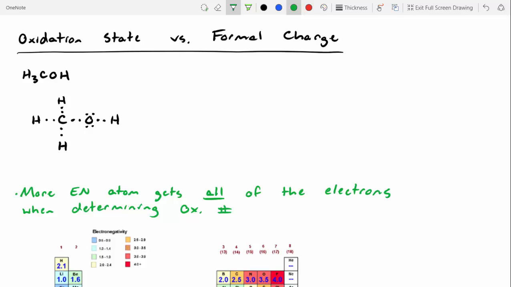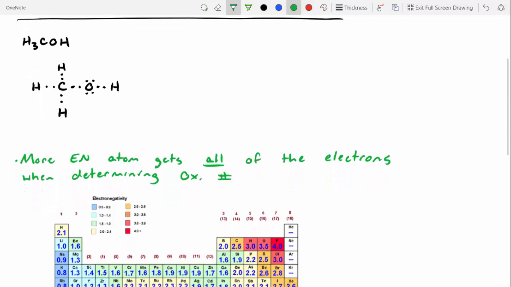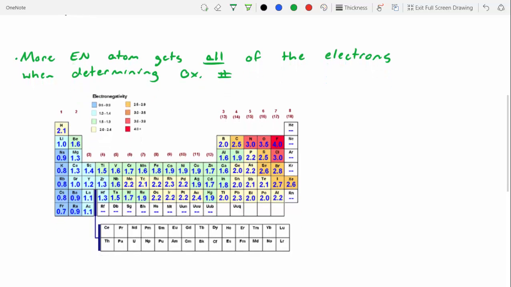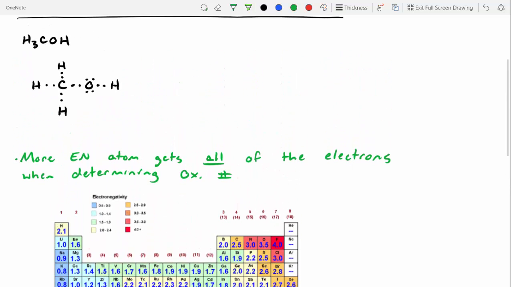All right, so if we look at methanol, what's more electronegative, carbon or hydrogen? Carbon. So if we look at it, carbon's 2.5 on our table, hydrogen's 2.1, so that means carbon's going to get all of these electrons.